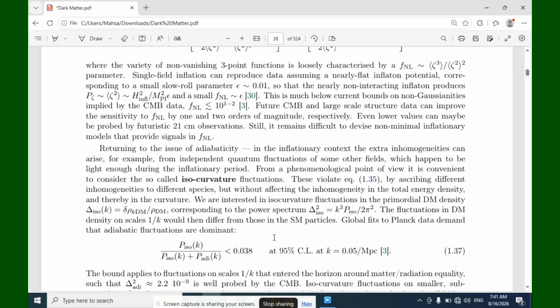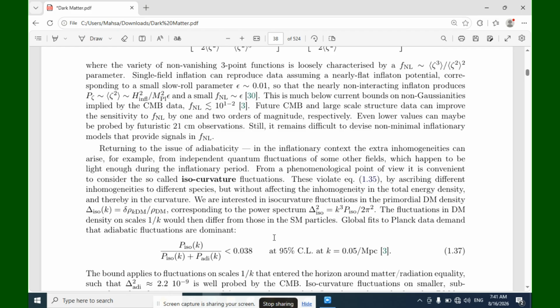We are interested in isocurvature fluctuations in the primordial dark matter density, Δ_iso equal to δρ_DM divided by ρ_DM, corresponding to the power spectrum Δ_iso² equal to k³ P_iso divided by 2π².